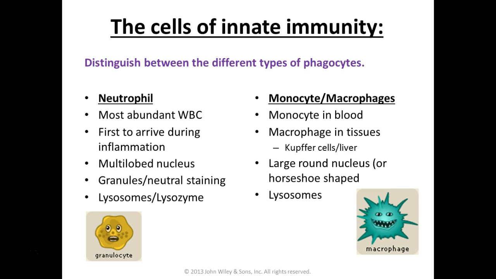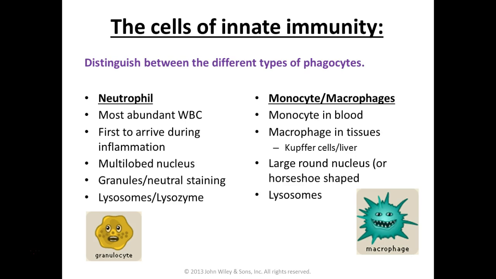So there are lots of different names out there for macrophages that reside in specific tissues, right? So the good news is by the time we got to the lungs, we realized that they were macrophages, and they're called alveolar macrophages, right? But your mesangial cells in the kidney are just resident macrophages.